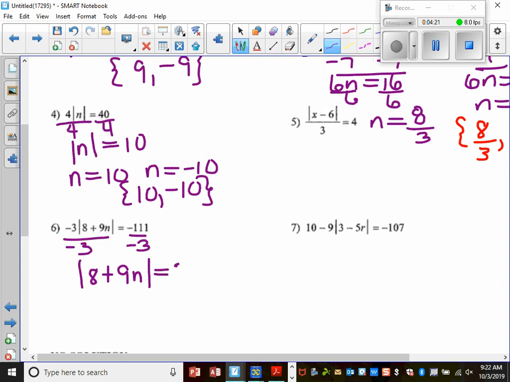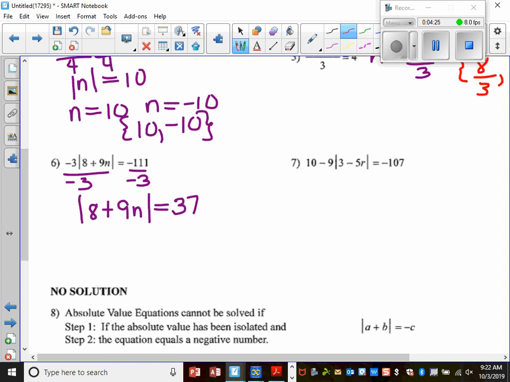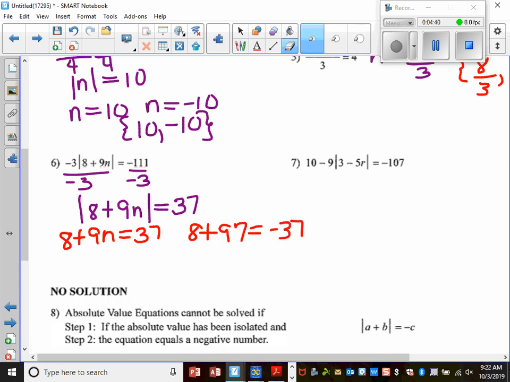All right, 37. So now I can drop my bars and write this as 2 equations, equal to negative 37 and positive 37. And that should be an n.